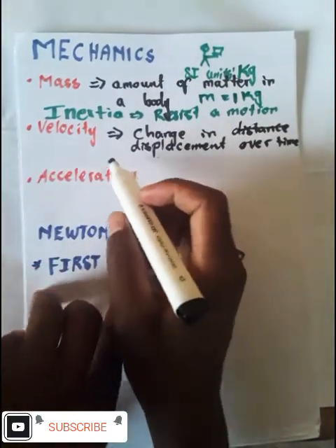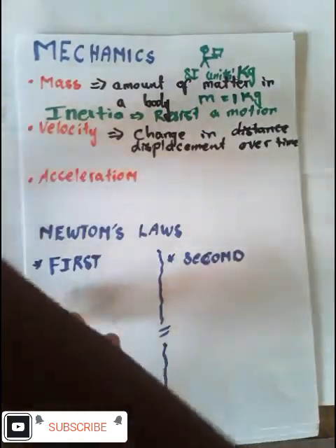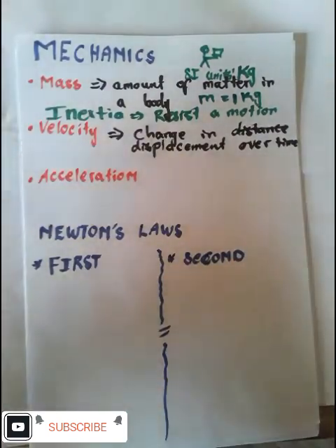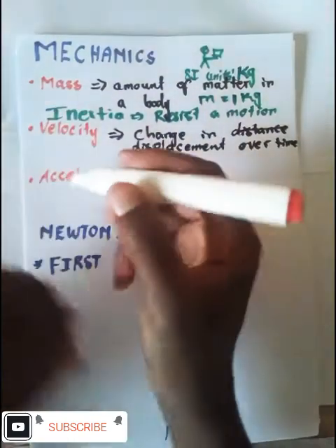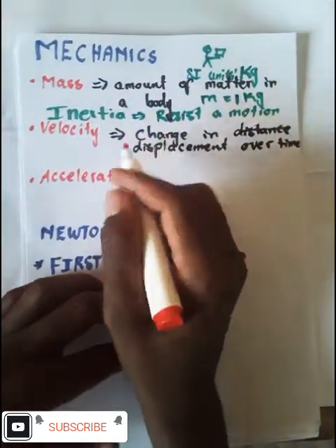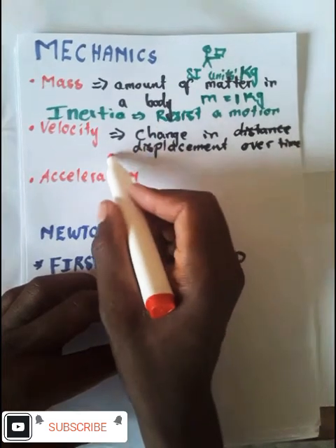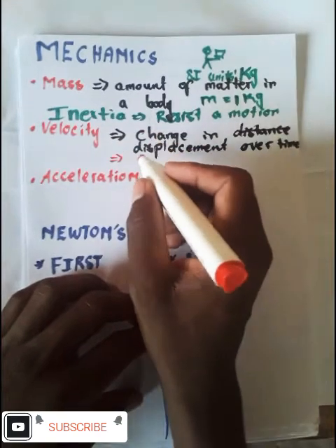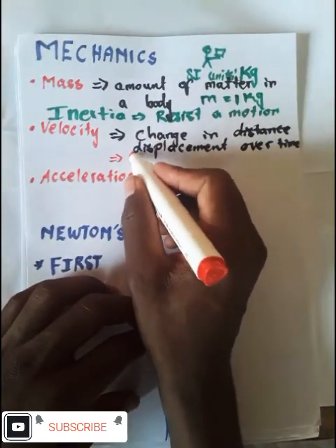So for the velocity, we're also going to have the symbol for velocity, and determine whether the velocity is a scalar or a vector. Since in our last video we did vectors and scalars, velocity is going to be a vector. That means a velocity has a direction.